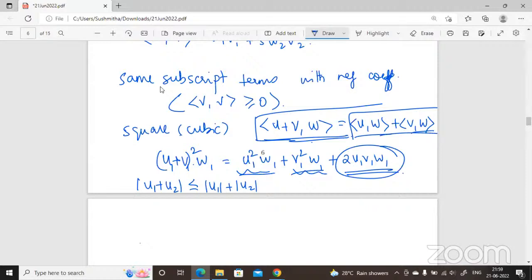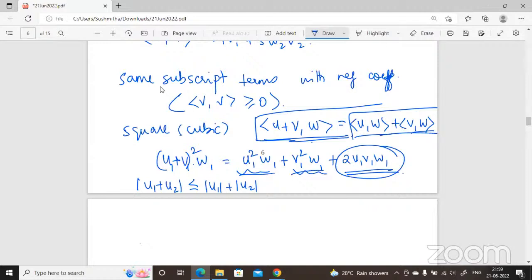Ma'am, the moment we see there is a square term, we will check the cross term coefficient, and if the coefficient is, let us say, a multiple of 2 or 5, then immediately we can say it is not meeting the conditions, right?